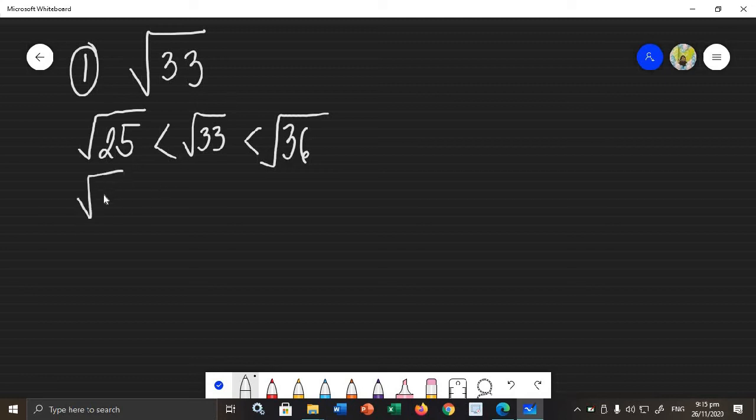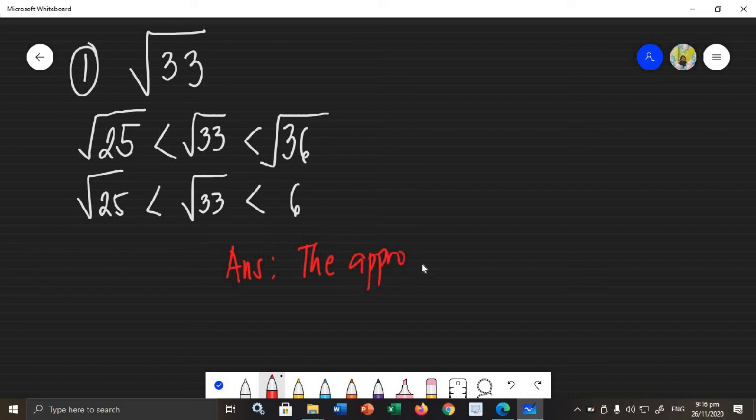Therefore, ang estimated na square root niya ay yung square root nung perfect square na malapit sa kanya. Ang square root ni 36 ay 6. Okay? Therefore, we can say that the approximate square root of 33 is 6.